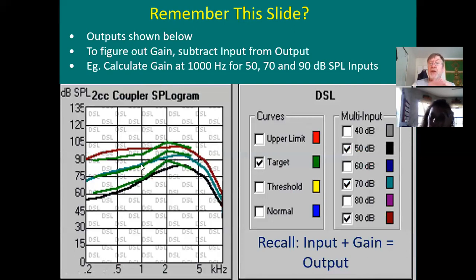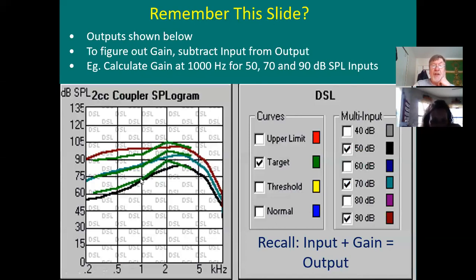Let's look at the middle green line. What's my output at 1,000 hertz at the middle green line? Well, if here is 75 and this is 90, I'm going to say probably 85. So if we have a target output of 85 and my input is 70, what's my gain? 85 minus 70, 15. Okay, now let's look at the bottom one.